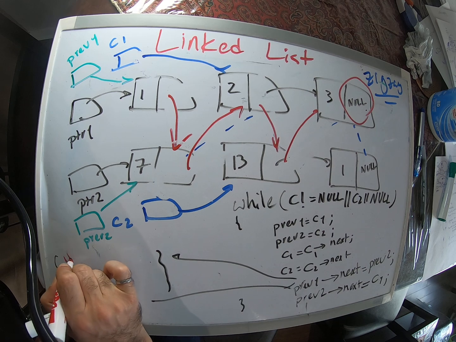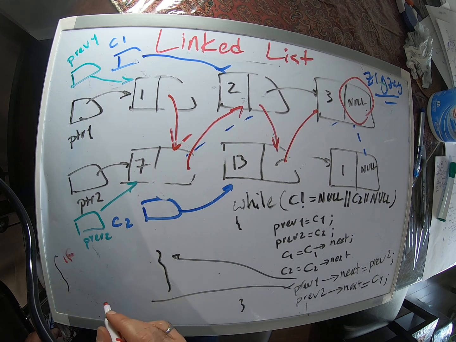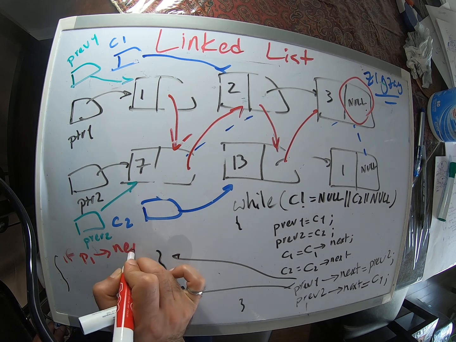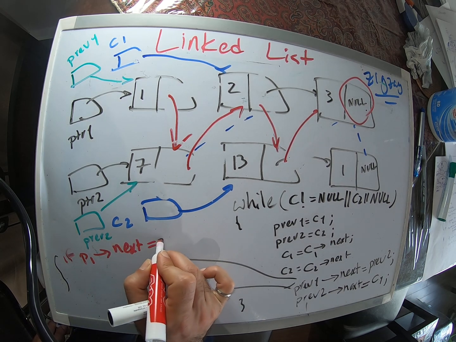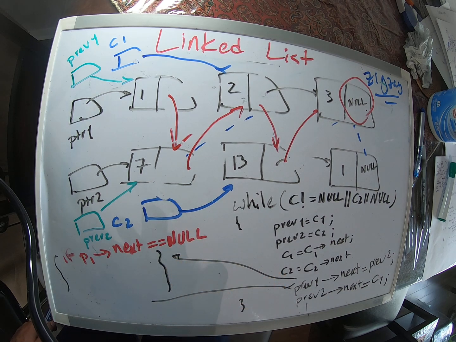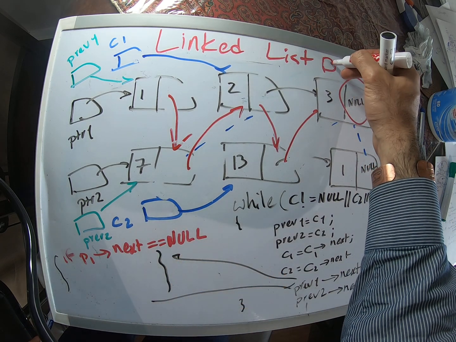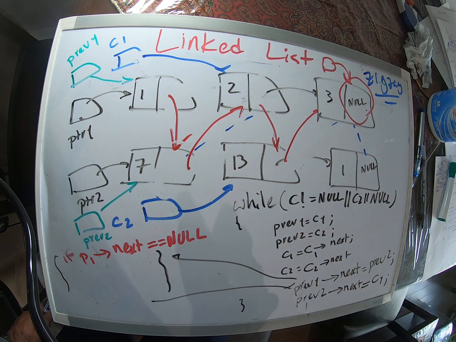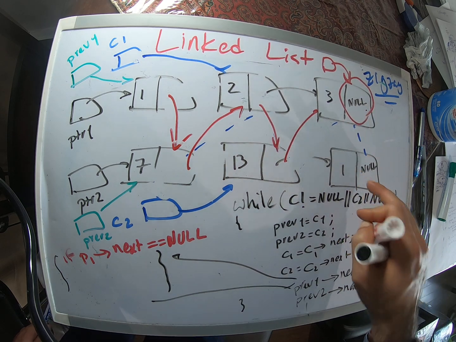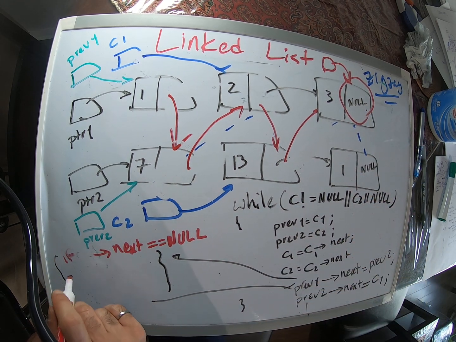If P1 arrow next is equal null, if we get to this point, P1 arrow next is equal null, then it means that we have to make this one to point to P2. This is previous, sorry.